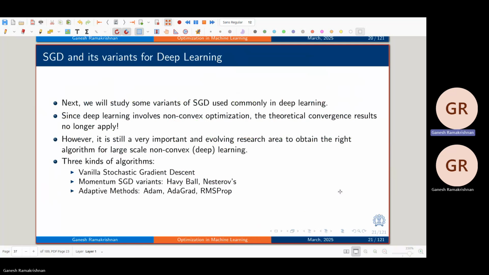Now we look at some more variants, which are a little too stochastic. So the hybrid was not so stochastic, but we'll look at more stochastic variants. The theoretical convergence results will not apply if you are dealing with non-convex. But every such paper will also have, okay, if the function is convex, how does it converge? That's a default, right?